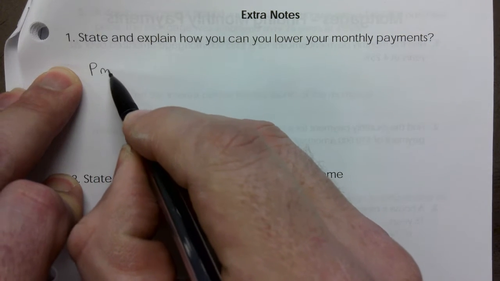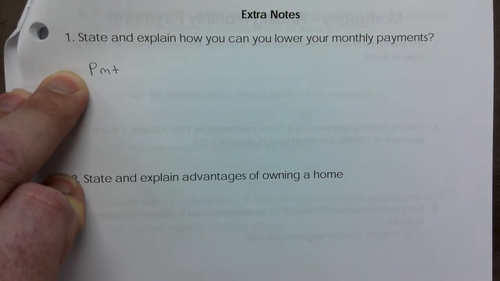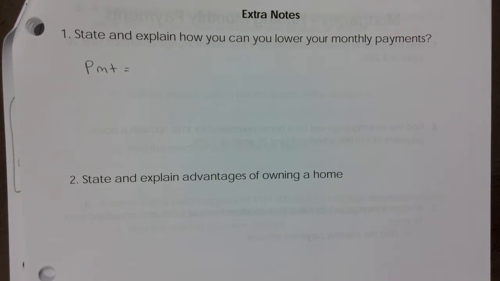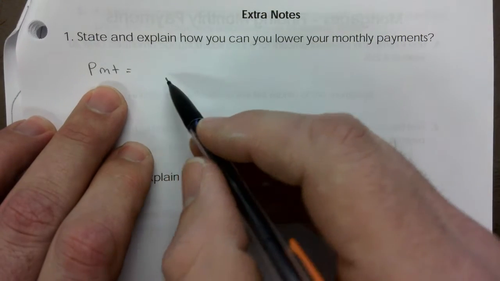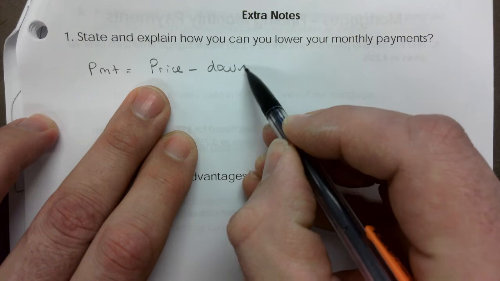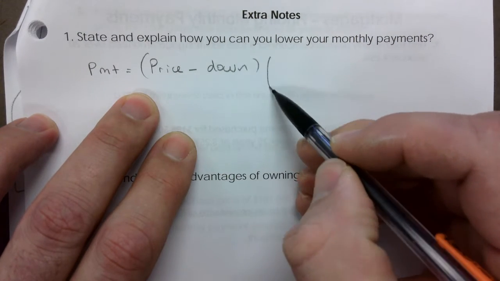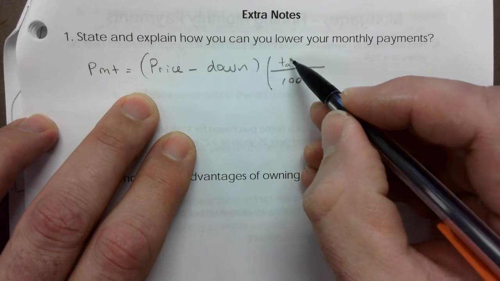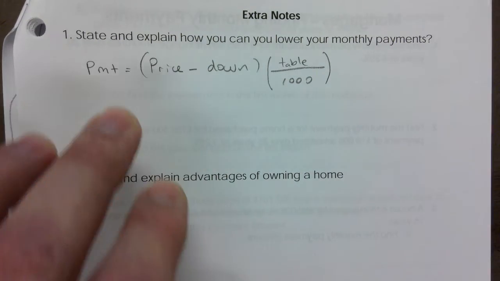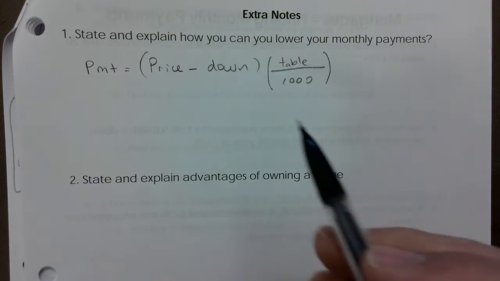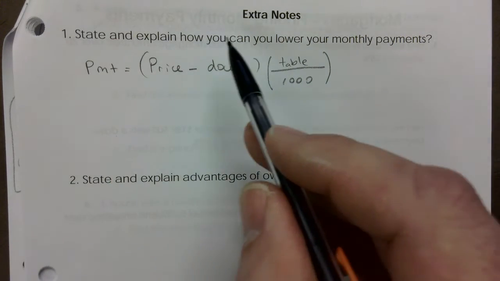The formula for payment: you take the price of the house minus any down payment. Then you take a table rate and divide it by 1,000, and you multiply it by that because that is given by a chart which has a blended payment with interest and principal. So this is your formula here.